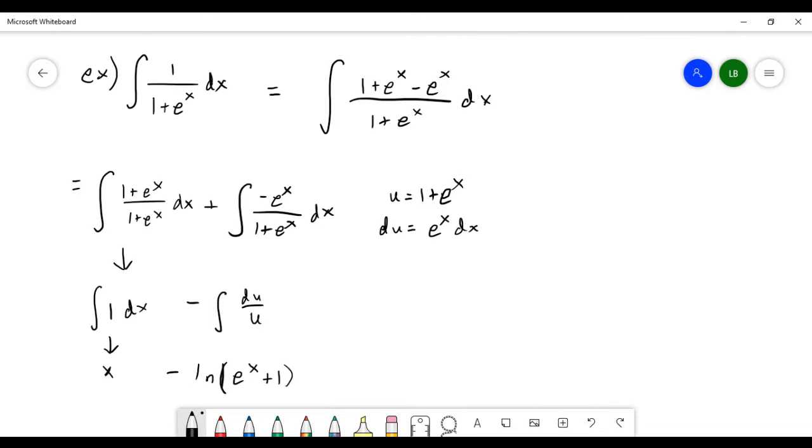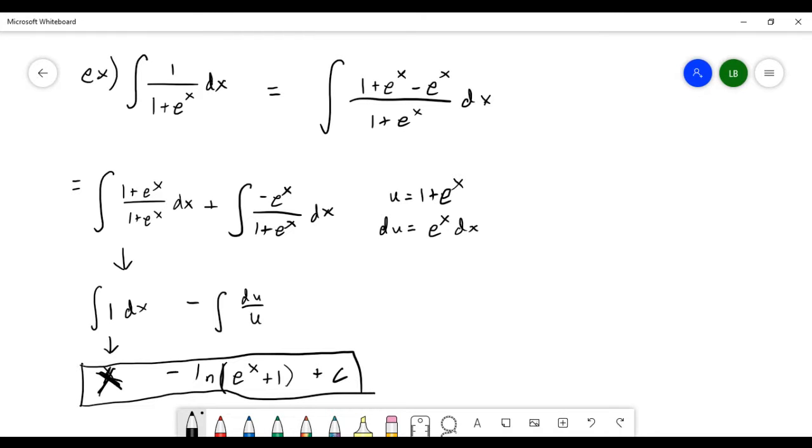And we don't actually need absolute value bars, because e to the x plus 1 is always positive. So that is our answer, x minus natural log of e to the x plus 1, and then plus c. There we go. So that's just one integral. Any questions?